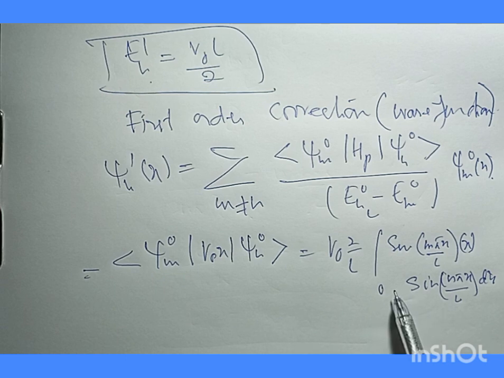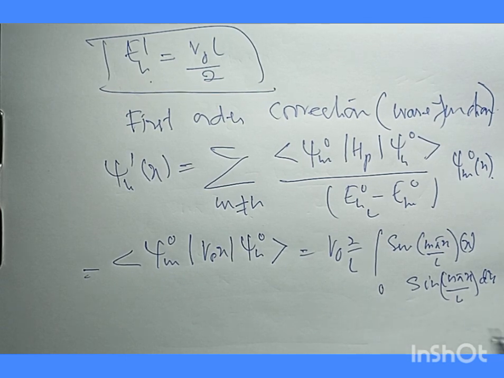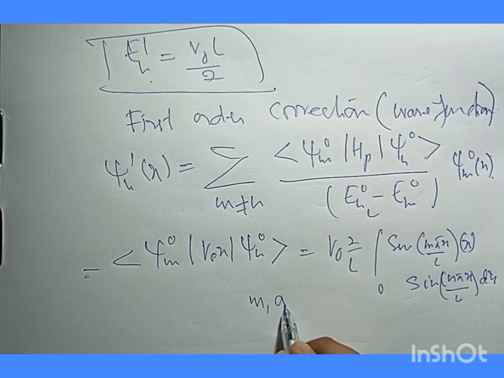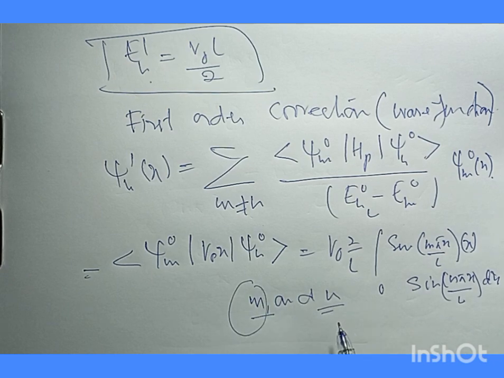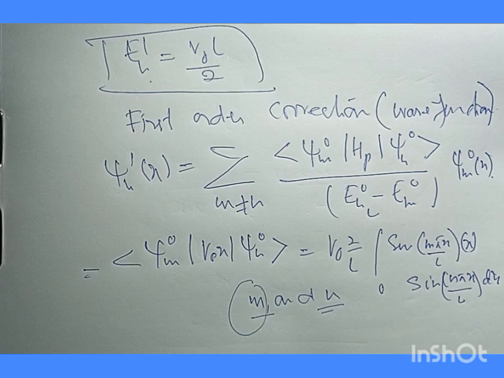Now, this integral will vanish for most combinations of m and n due to the orthogonality of the sine functions, because this is composed of sine functions. But certainly it will yield some non-zero values for some specific transitions.